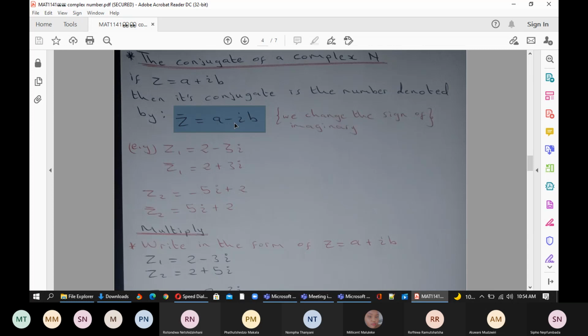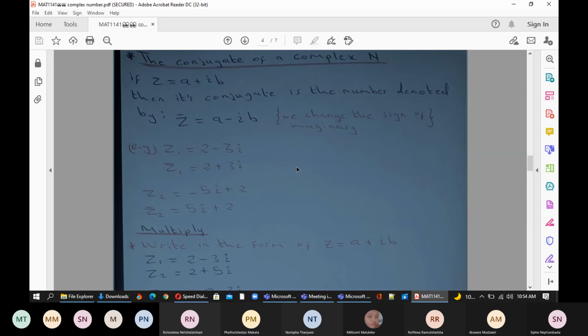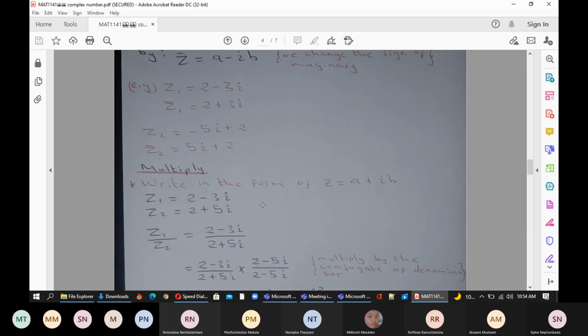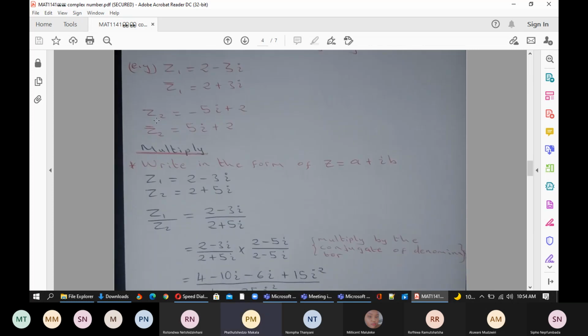So now, I have given you the example here. Let's say we are given z equals 2 minus 3i. Find the conjugate of it. The conjugate will be z equals 2 plus 3i. Are we still together? If you check even this one, z equals minus 5i plus 2.